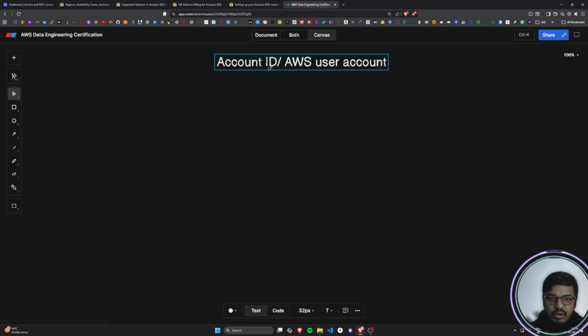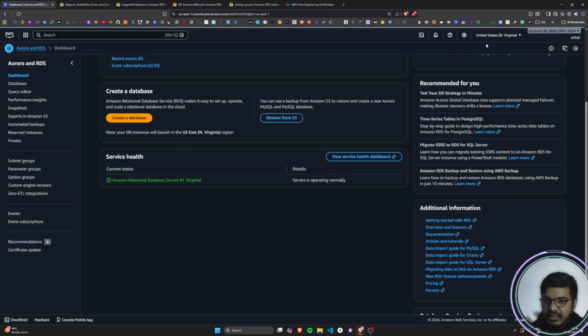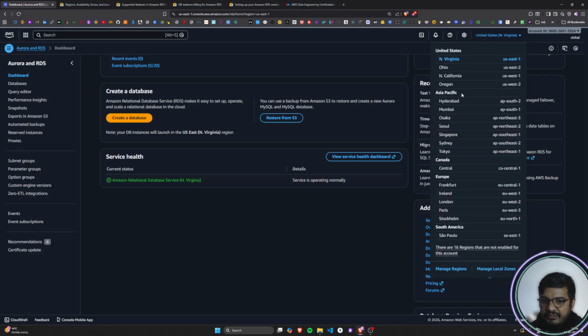Now from this AWS user account, I can have multiple regions. I can access multiple regions, right? How can I access them? If I come back here, you can see there are different regions available. There are currently 16 regions that are not enabled for this account. If I want, I can enable them. Else these are the regions that are available.